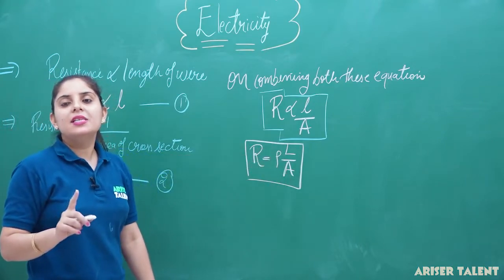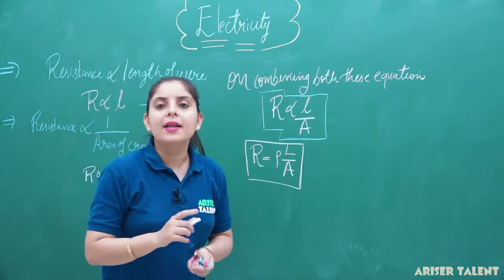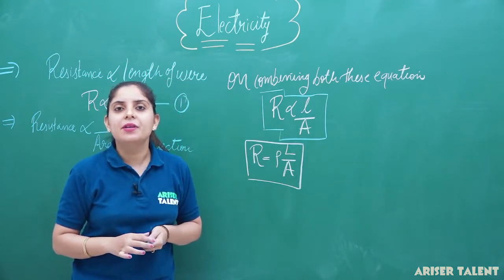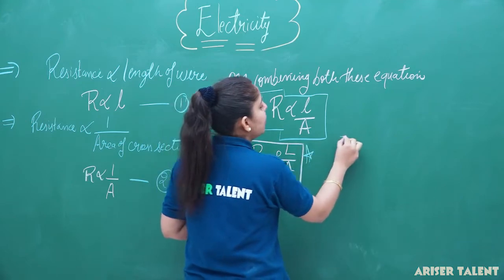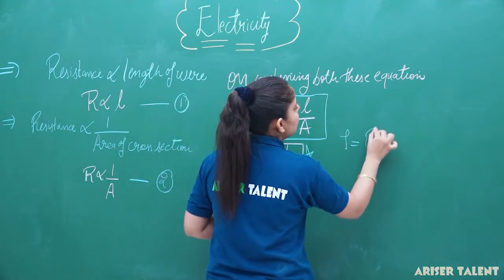Now this constant is known as rho, and it is known as the resistivity of a conductor.